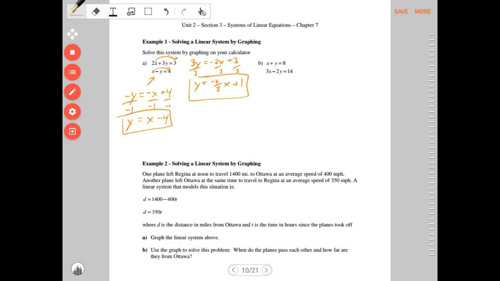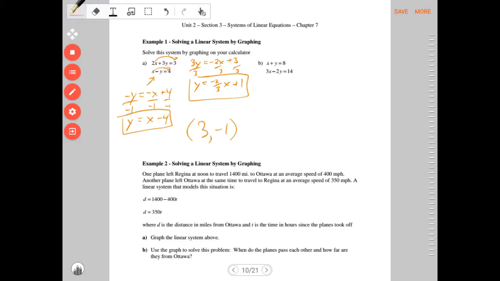Then graph and find the intersection, and that works out to (3, -1). That's really how you show your work for a graphing question too. Sometimes they ask you to sketch what the graph looks like on your calculator. I'm not going to make you do that right now, but that is a possibility later on.